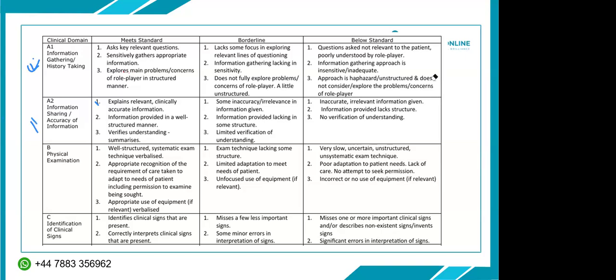This basically depends on how you summarize your case, how you summarize the findings that you have taken from the role player, and tell it to the role player. Again, this occurs in the history, in your development, and in your clinicals as well.